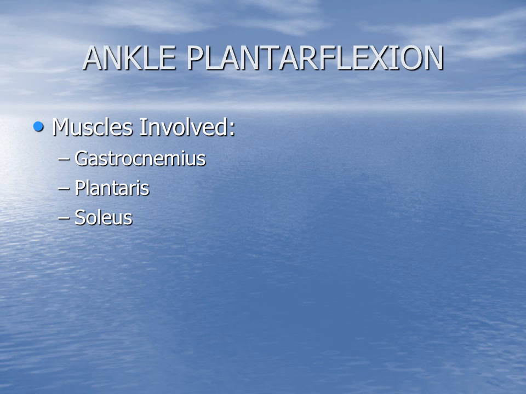Okay, let's go to ankle plantar flexion. There are many muscles that contribute to ankle plantar flexion, including the gastrocnemius, which is a two-headed muscle, the plantaris muscle, which may or may not be present, and also the soleus muscle. And recently in Dissection Lab, I was amazed at the thickness and the amount of meat contained within the soleus muscle.